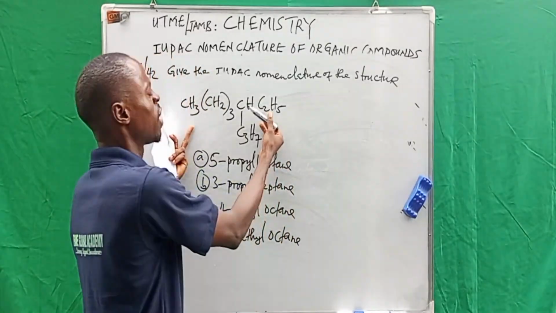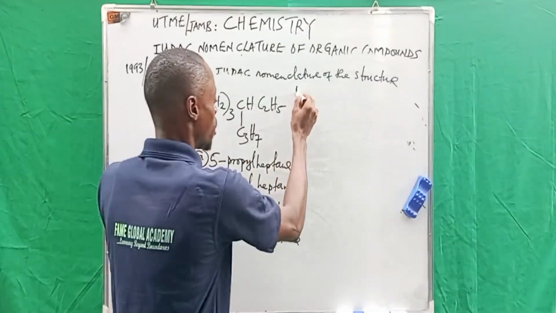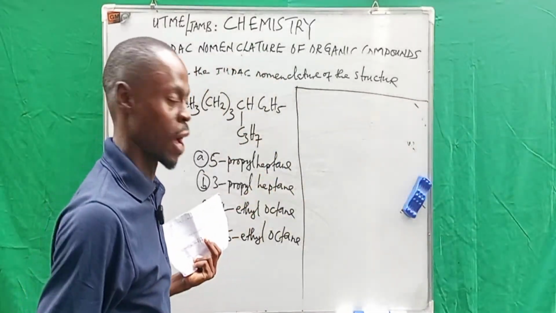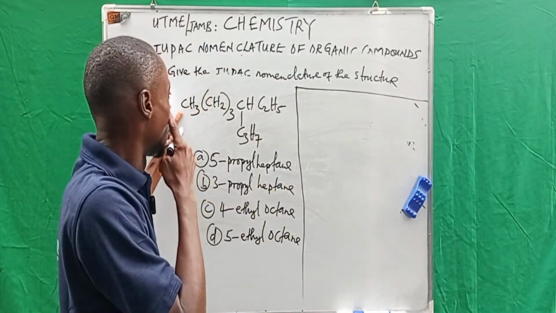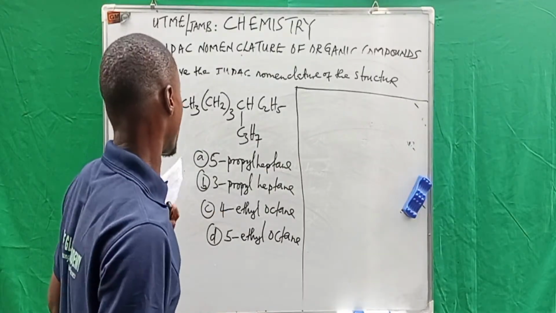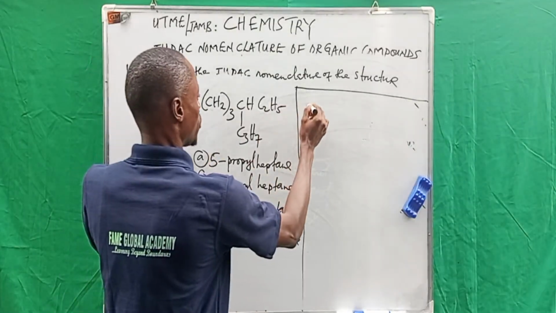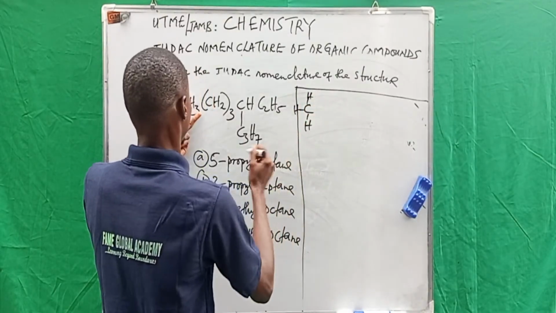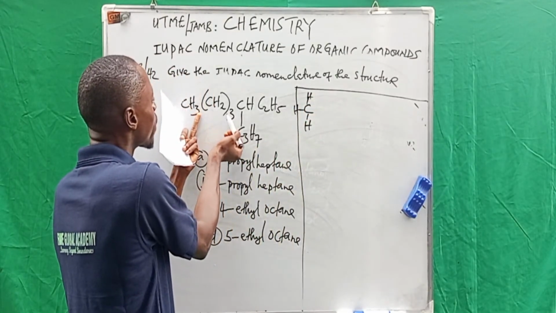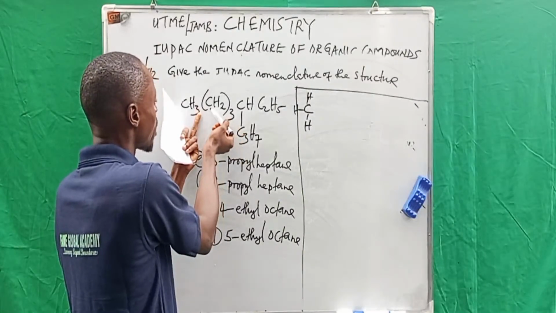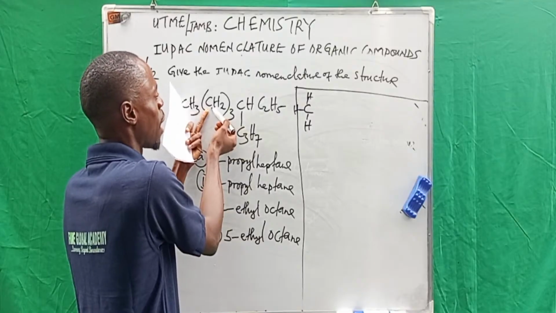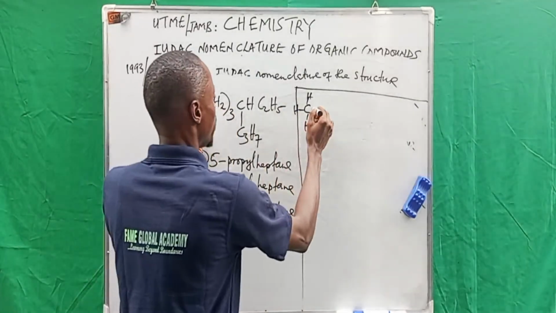This is what we call the condensed structure of an organic compound. So let me open it so that we'll see the full structure, and that will help us understand what we are expected to do. This is CH3. Then anything outside the bracket multiplies everything inside the bracket. So it simply means that we have additional 3 carbon atoms in between. So what does that mean?